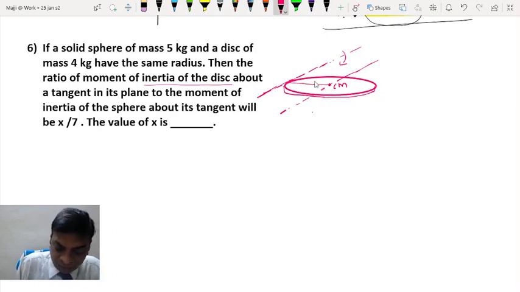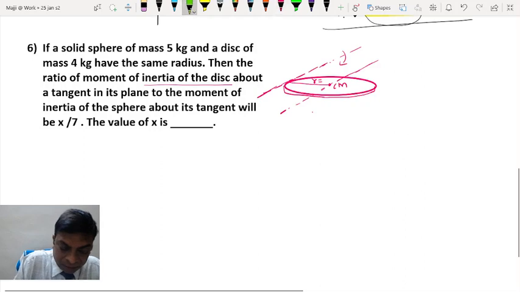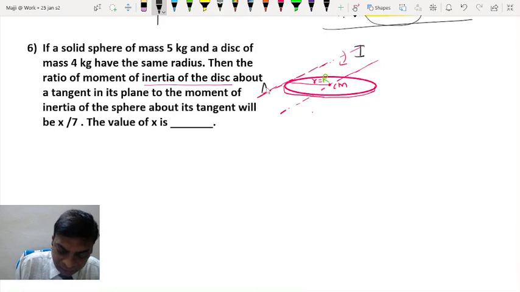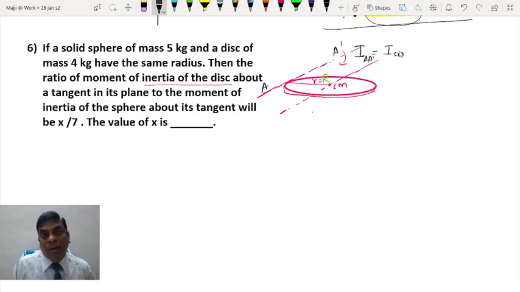The parallel axis theorem states that the moment of inertia of a body about any axis, let us write this as A dash, is equal to the moment of inertia about a parallel centroidal axis plus mass into distance between the axes squared.